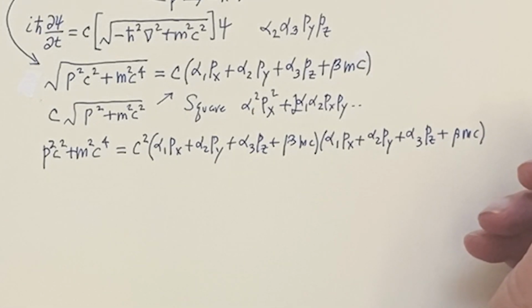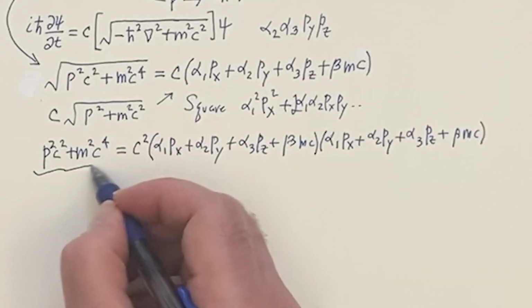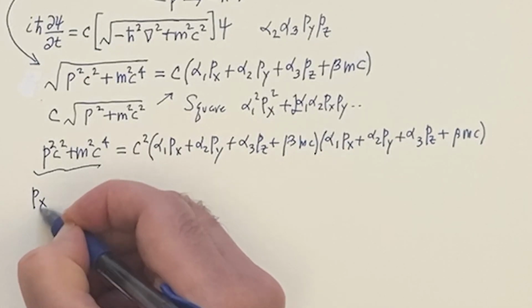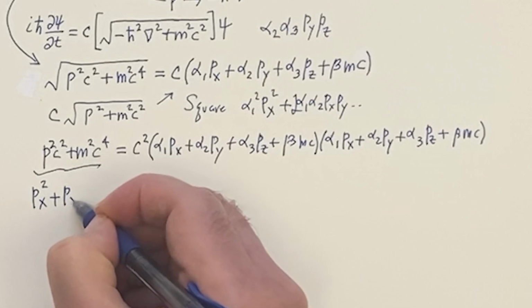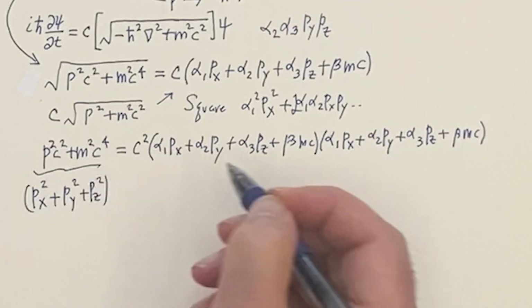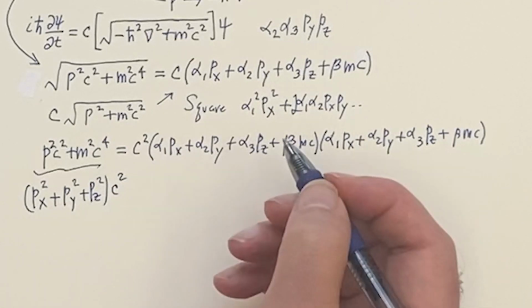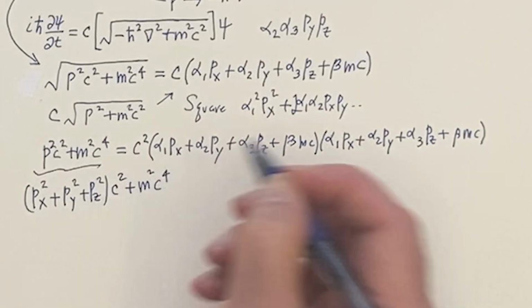Now, Dirac says here, we're going to demand that to get over here, we're supposed to get px squared plus py squared plus pz squared times c squared, and then plus m squared c to the fourth.